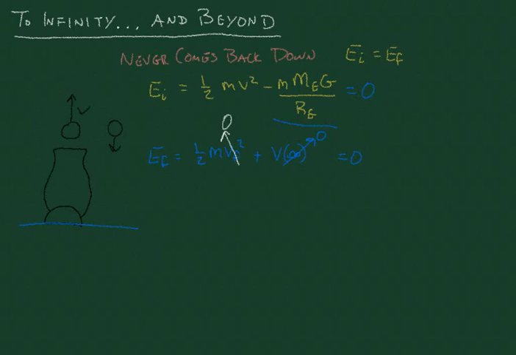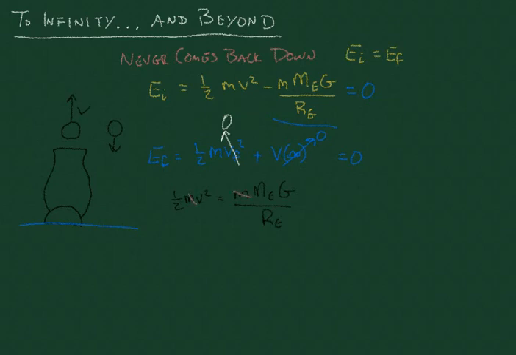So if we solve this, we see that 1/2 mv squared is equal to m times the mass of the Earth, g, over the radius of the Earth. We can cancel out the masses.